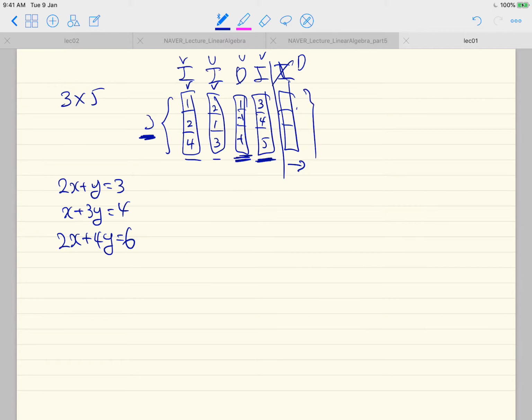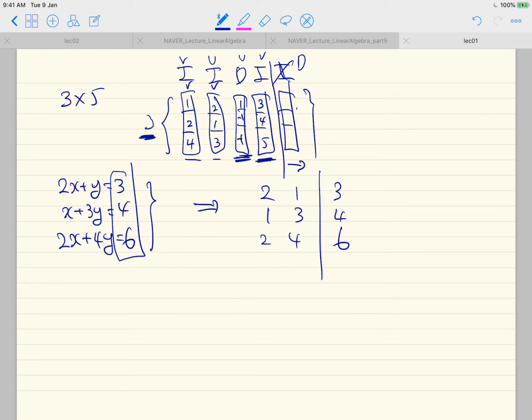Okay, let's think of this case, and then how do we represent it as a matrix? We first construct the augmented matrix. The rightmost column corresponds to the constant values given on the right hand side, and the left part is just the collection of our coefficient matrix, right?